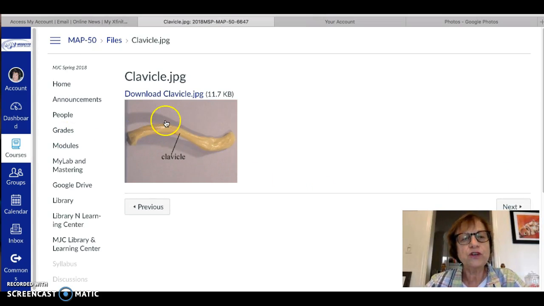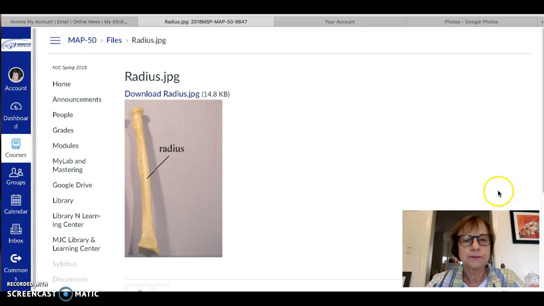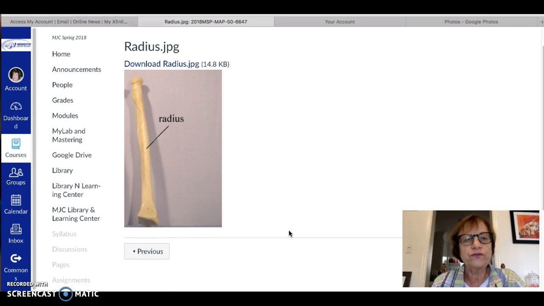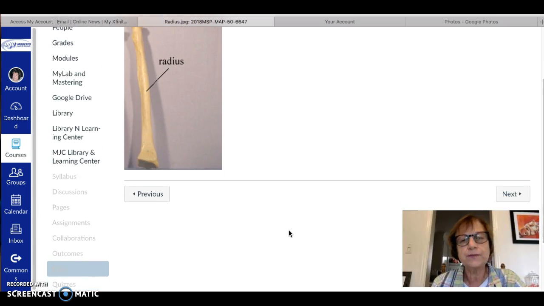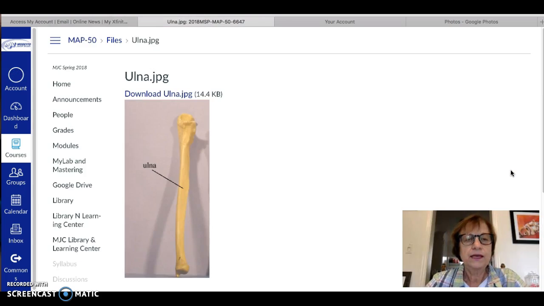This would be the clavicle or the collarbone. The radius is one of the lower arm bones. And the ulna would be the other one.